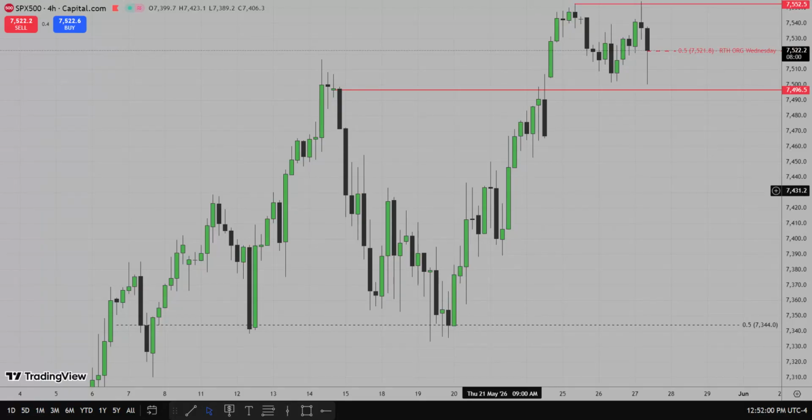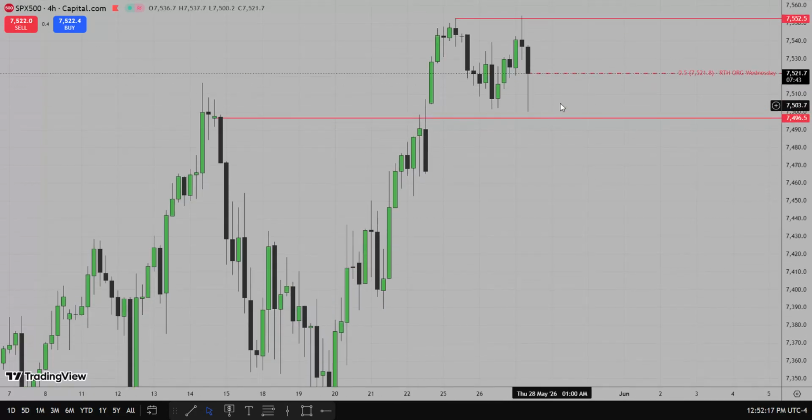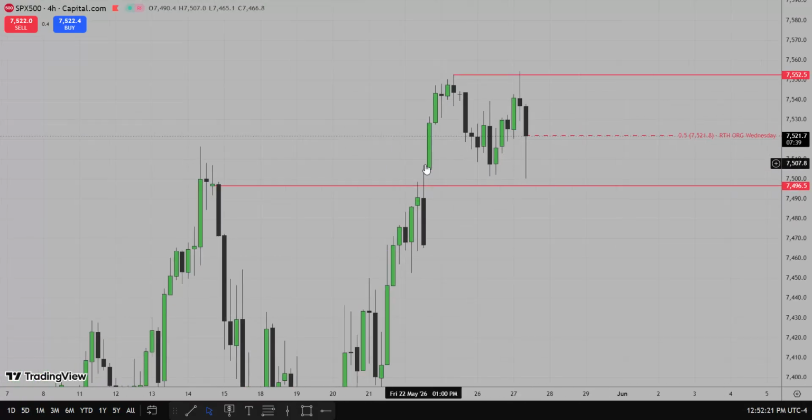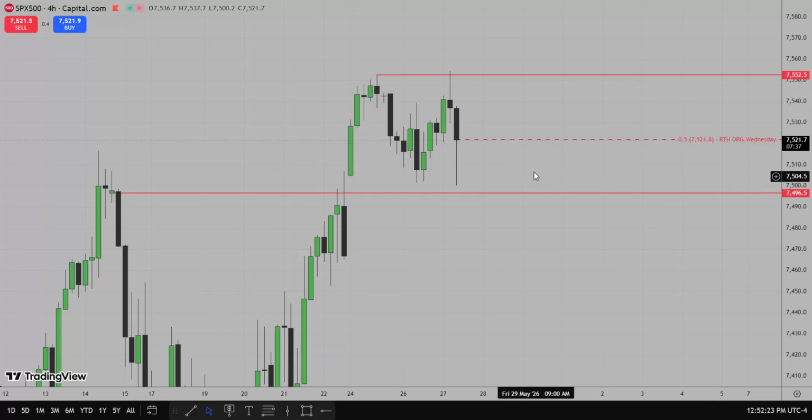There are many PD arrays like the fair value gap. In the fair value gap world, we have the buy side imbalance and the sell side imbalance. We also have the inversion fair value gap. We have imbalances with volume imbalances. We have new week opening gaps, new day opening gaps. We have all of those PD arrays there waiting for you. You don't have to use all of them.